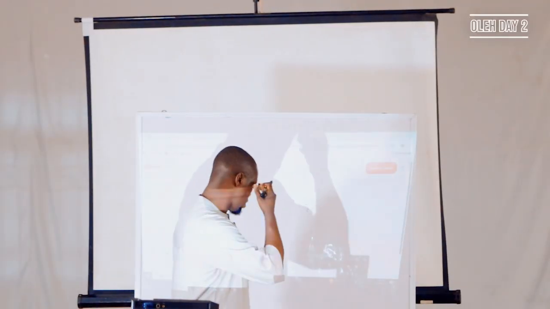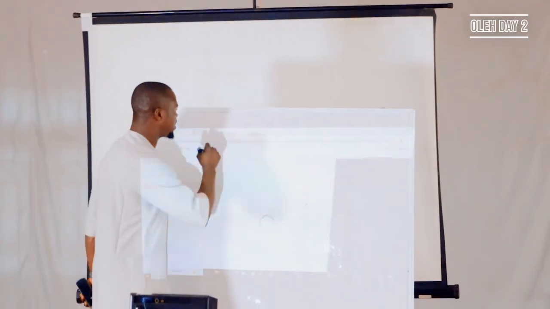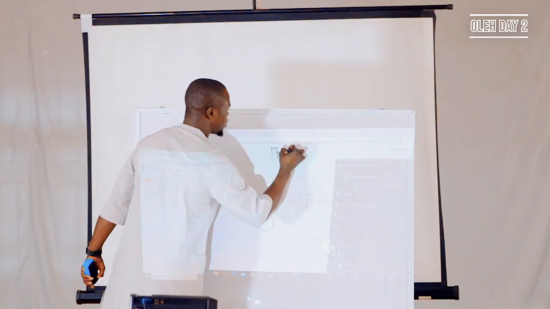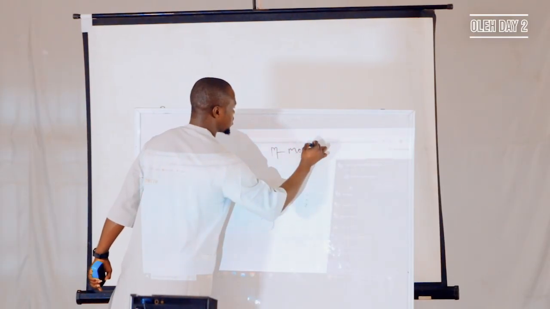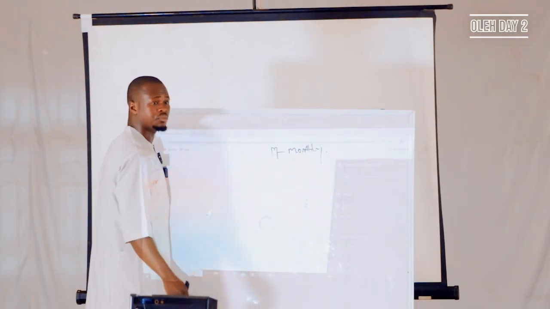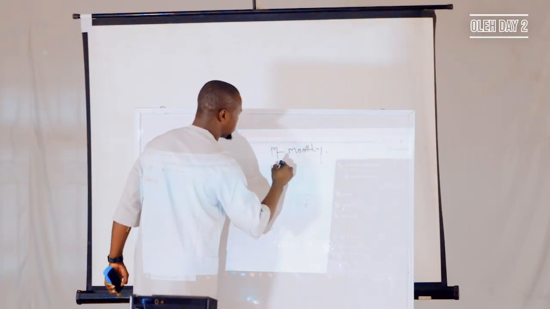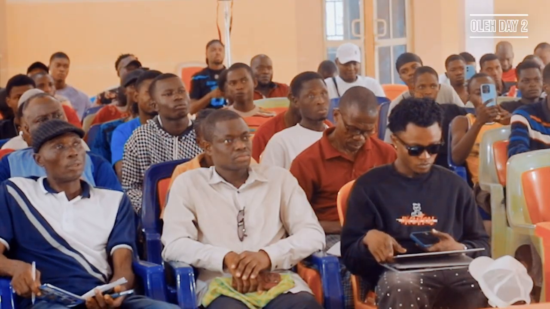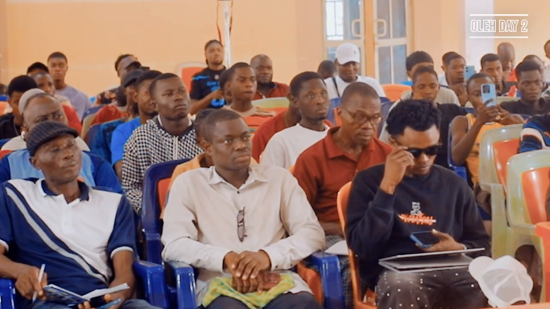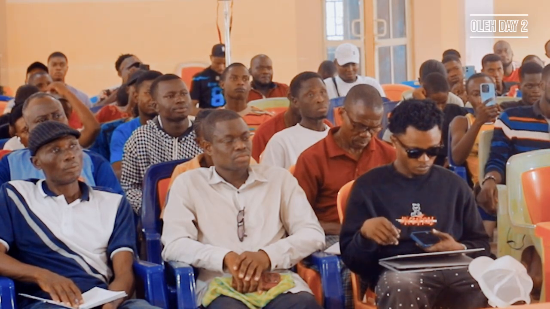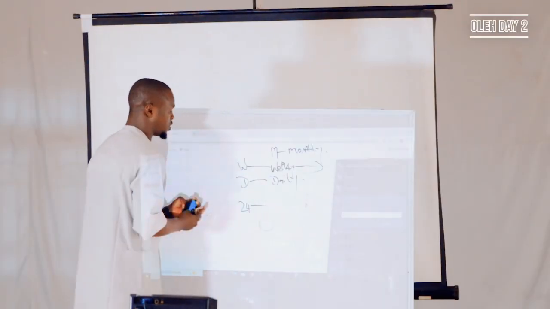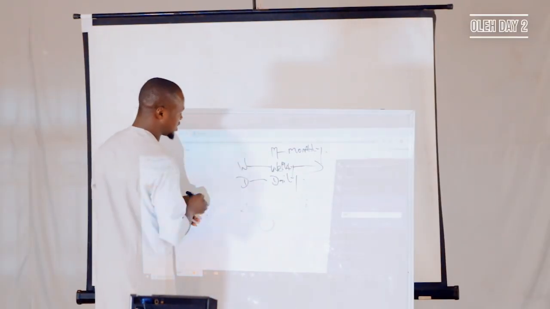Now we have our time frames. You will see we have the M time frame. We have the monthly time frame. We have the weekly time frame, which is W. We have the daily time frame. 24 hours is the daily.